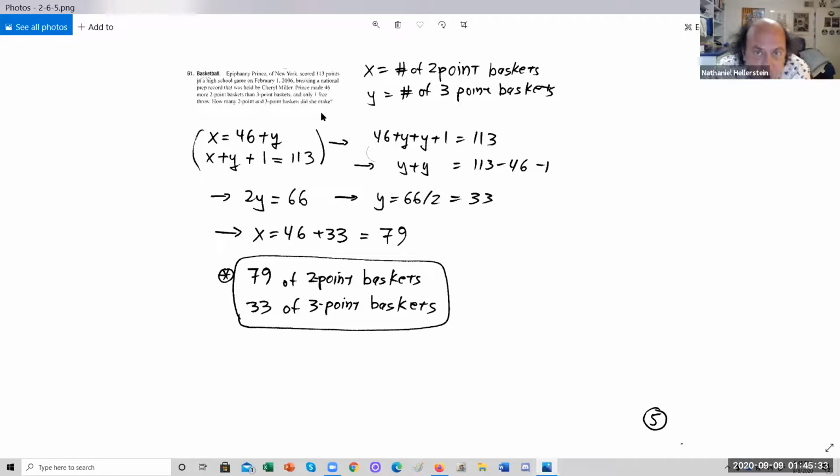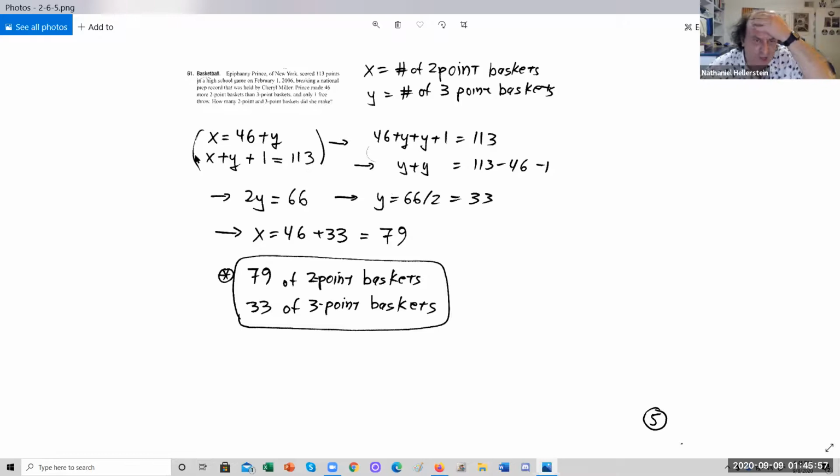Oh dear. Oh no. Oh dear. I suspect I've massively messed this one up. I may have to go back to it sometime because look at this. x is 46 plus y, but it's not x plus y plus 1 equals 113.